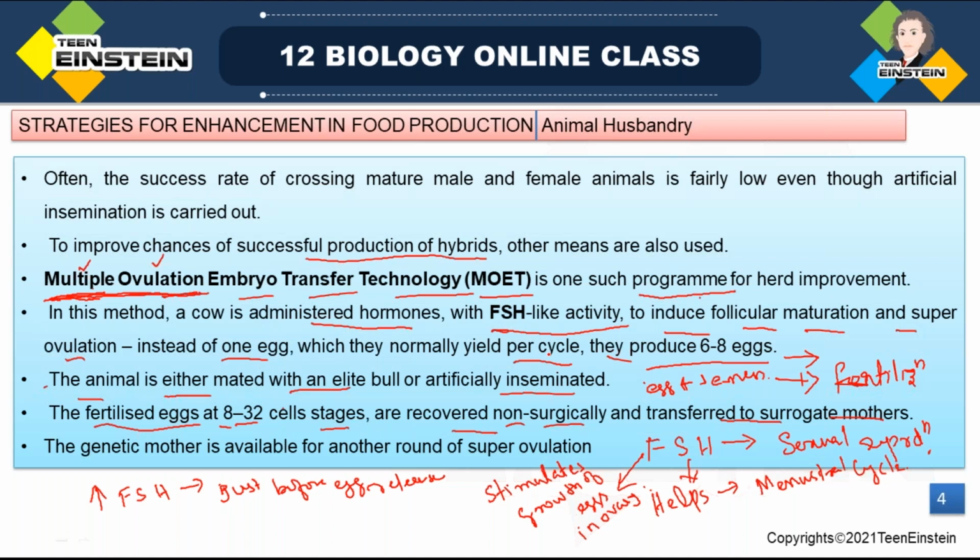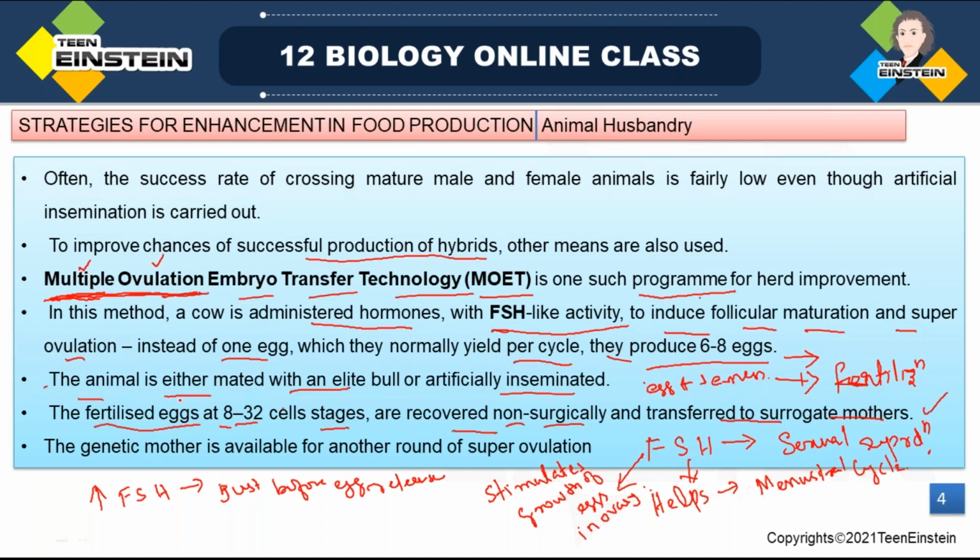To overcome that situation, the embryo in 8 to 32 cell stage is transferred into the surrogate mother, which is ready for that period. Then the genetic mother is available for another round of superovulation.